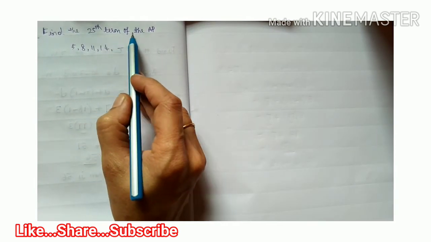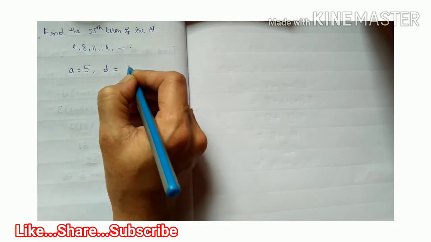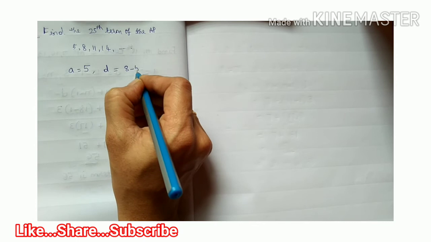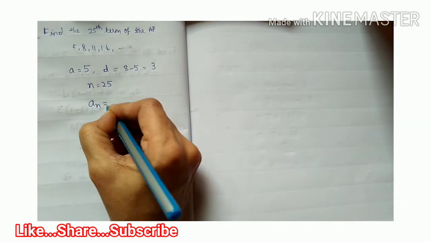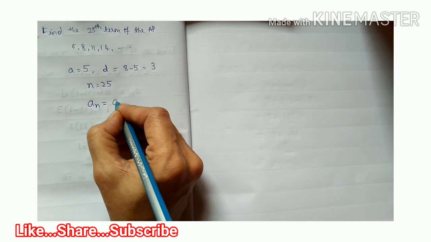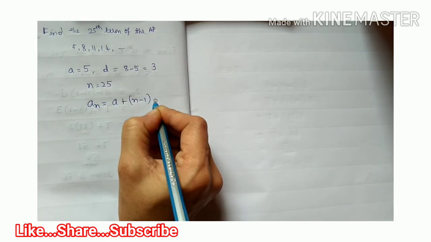Find the 25th term of the AP 5, 8, 11, 14. Here the first term a is 5. Common difference d is a2 minus a1, 8 minus 5, 3. For the 25th term, n is equal to 25. Therefore the general term of AP, an is equal to a plus n minus 1 into d.